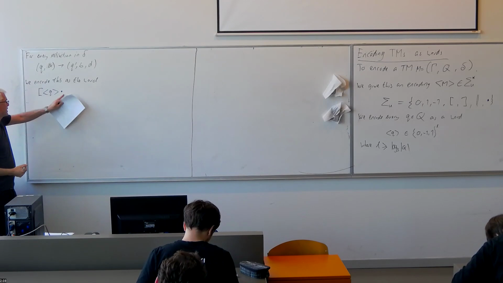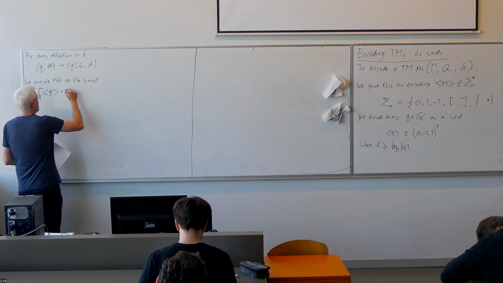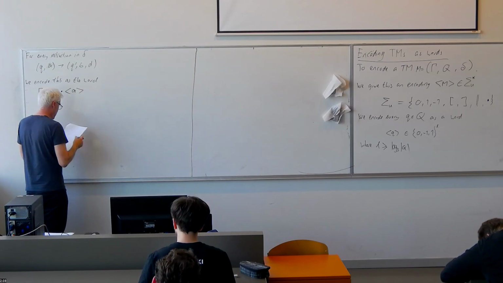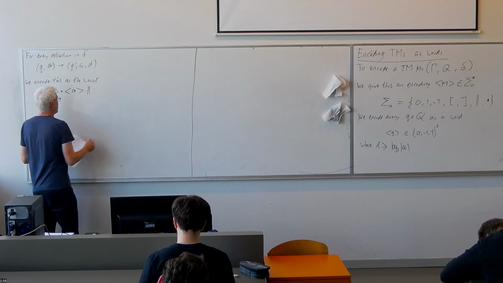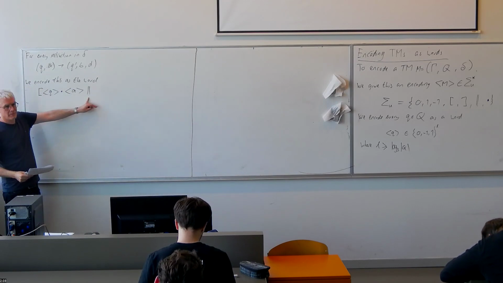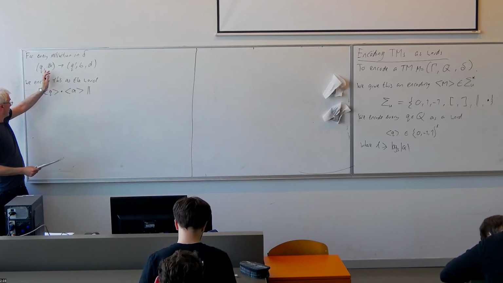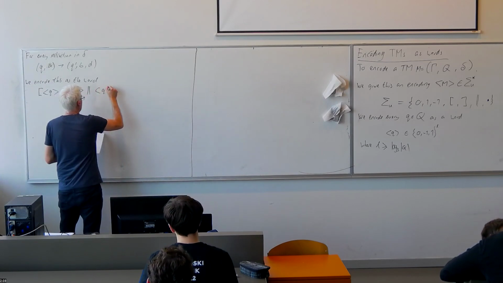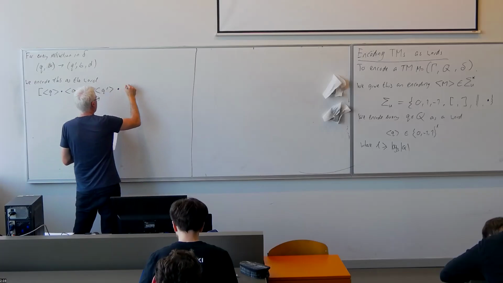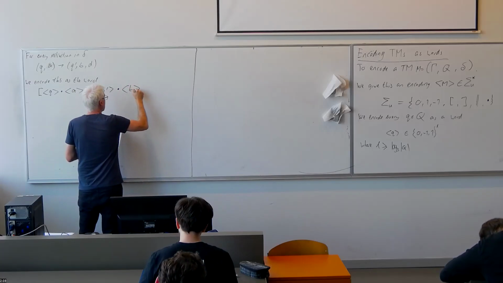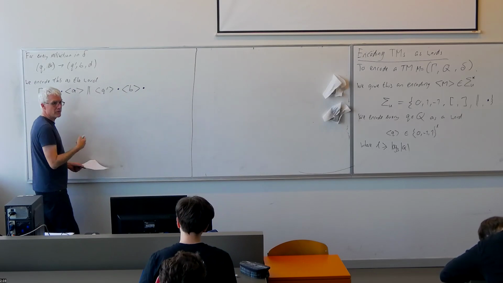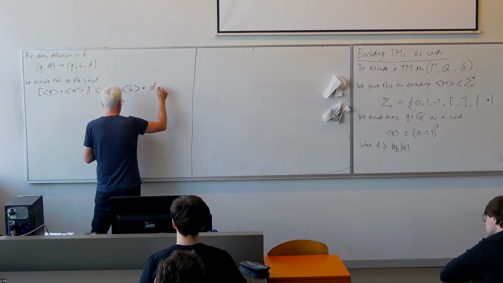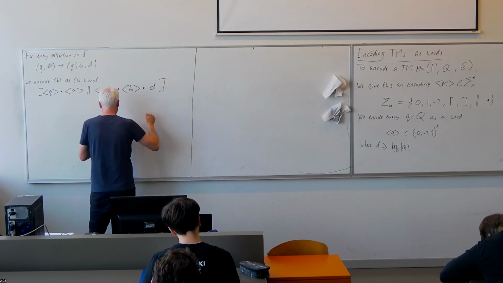The point of the bullet is to separate things out, separating it from the encoding of the symbol A. We then use this double bar to say we're ending this pair part, and then here we simply put the encoding of Q prime, the encoding of B, and D itself is -1, 0, or 1, so we can do it simply. We have those in the alphabet already, so we don't need to encode anything. Just put D itself in.